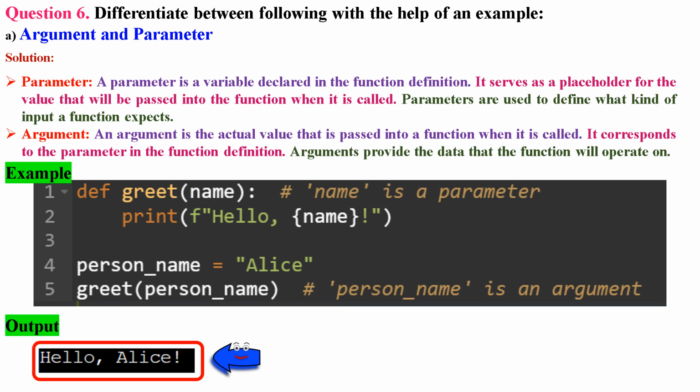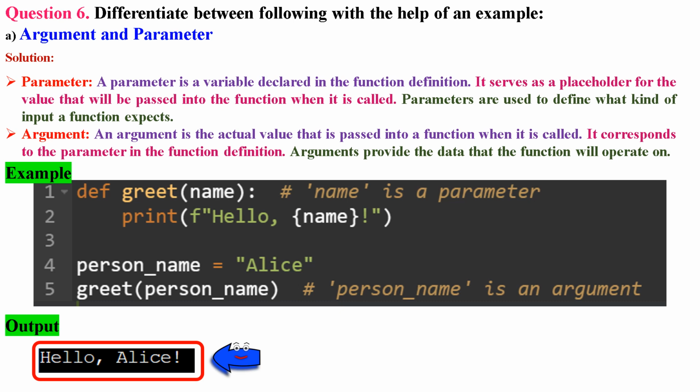Note that in line 2, an f-string, short for formatted string literal, is a feature introduced in Python 3.6 that allows you to embed expressions inside string literals, using curly braces. These expressions are evaluated at runtime and their values are inserted into the string, creating a formatted string.